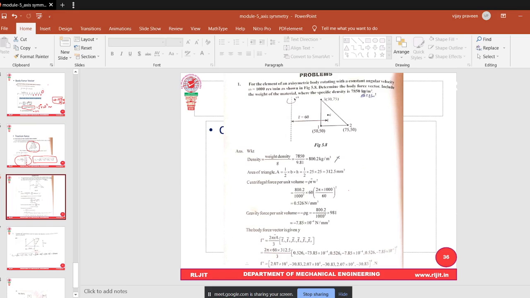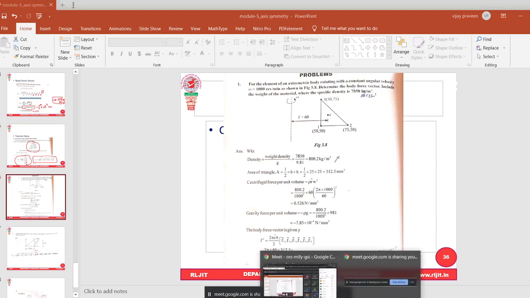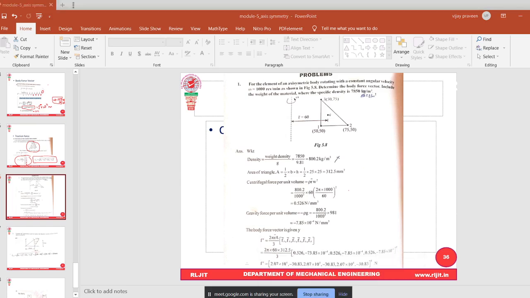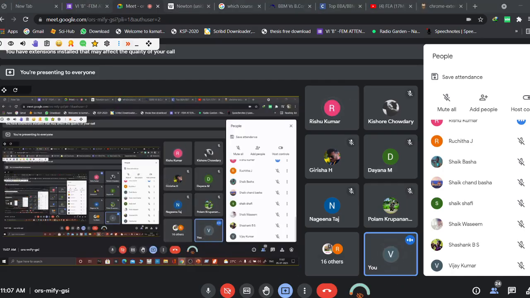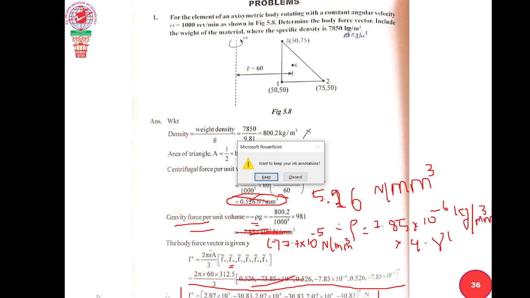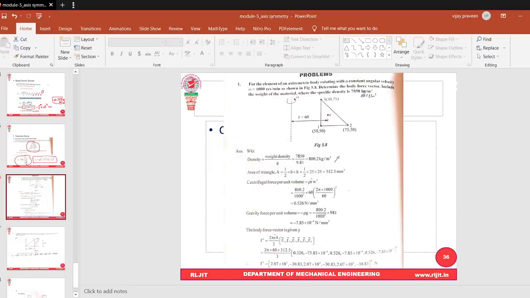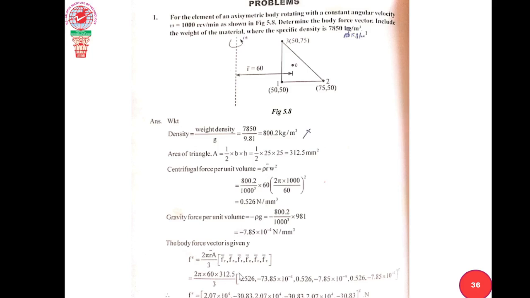Don't multiply that value, simply keep it. You substitute the Fr value and the Fz value. How much did you get? Tell me that value.